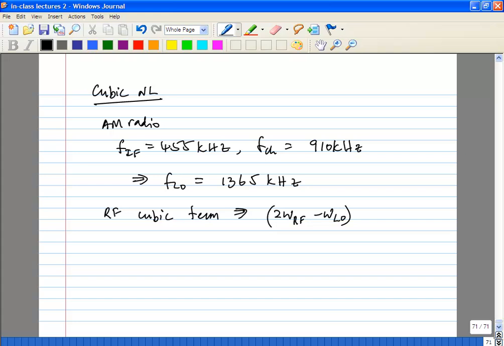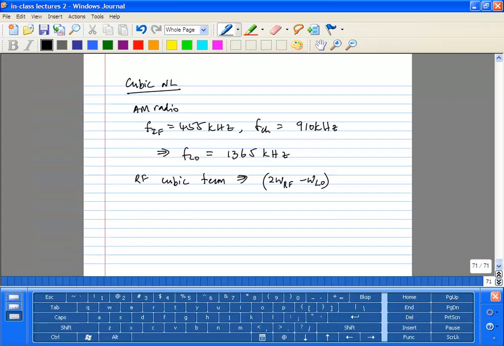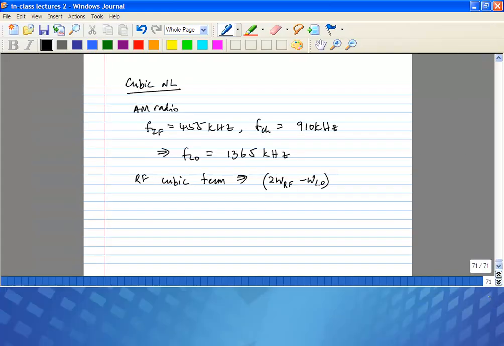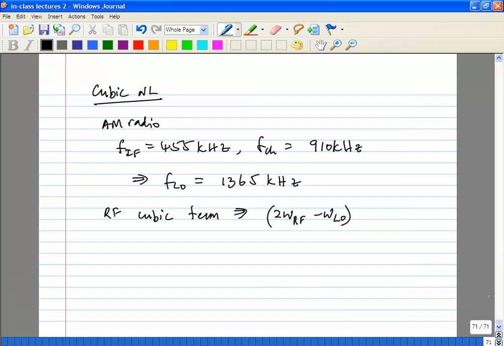That is your IM3, the cubic. What is this? In this case, it happens to be the same as the IF frequency.